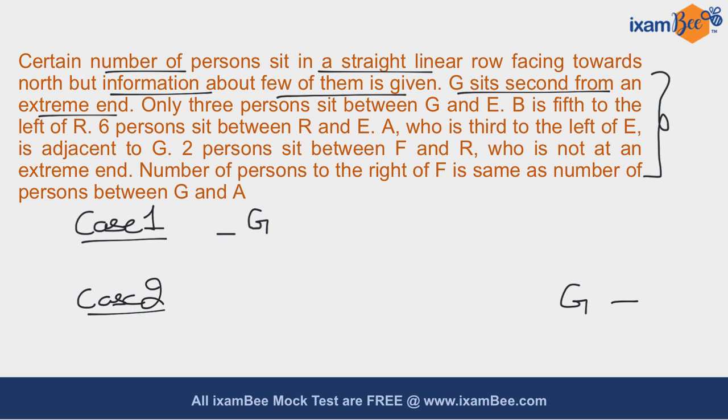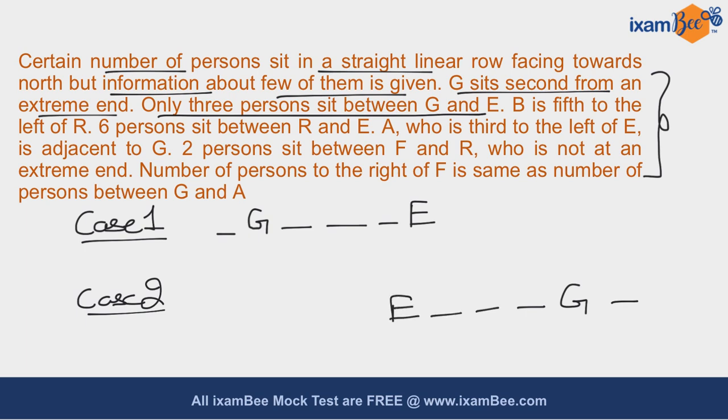Now it is given to you that only 3 persons sit between G and E. So you can draw your case accordingly. So if you draw in case first, you will get this particular arrangement, and for the second case you will get this particular arrangement.